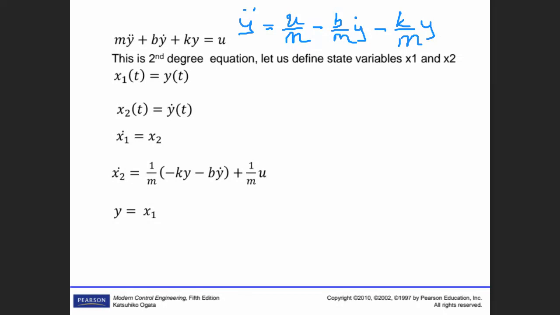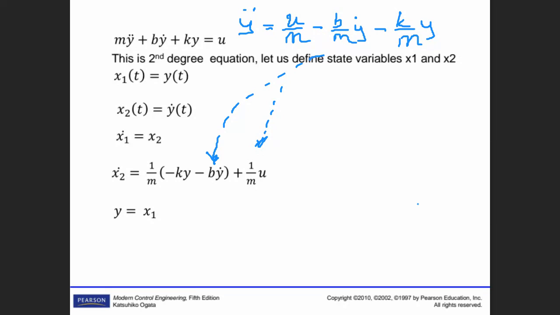So what you do actually here, you can see that one is here, this one is there, and the last one is over there. So it's that easy to write those equations.